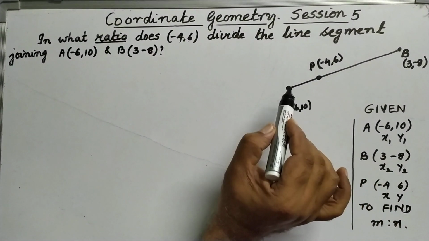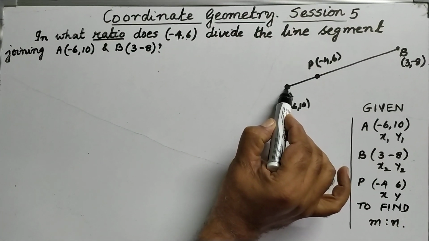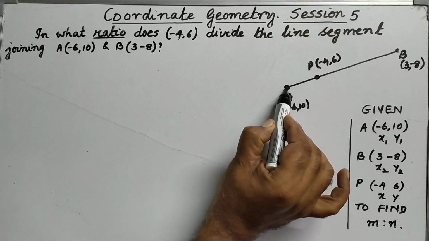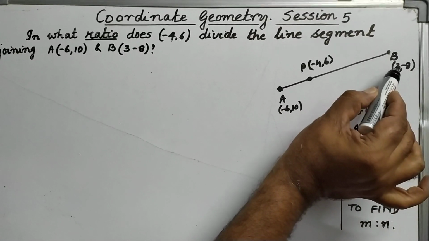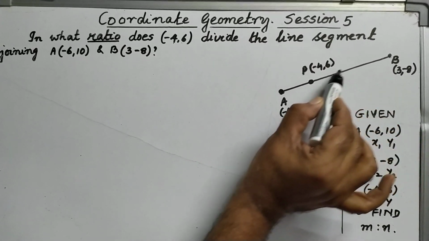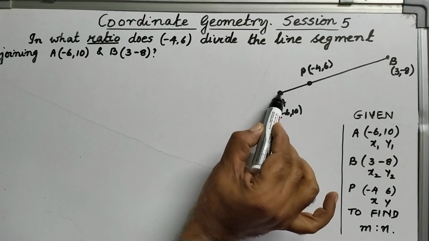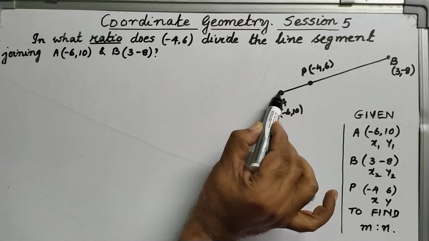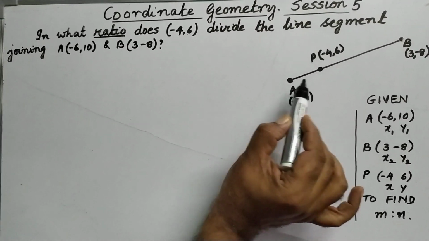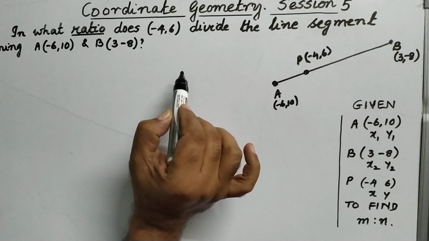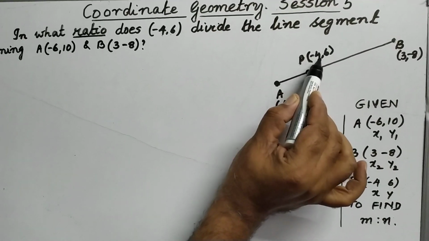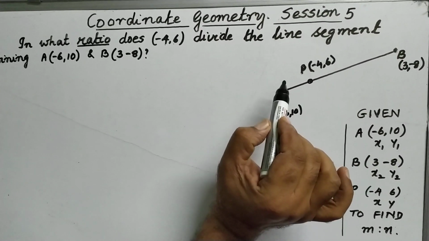So I am drawing a rough figure. This is A(-6, 10). This is B(3, -8). If I join, I will get a line segment, and that line segment is AB. There is a point P on AB, and this point P is (-4, 6).